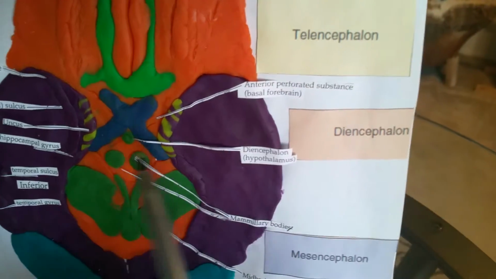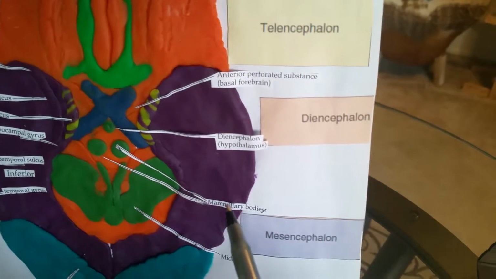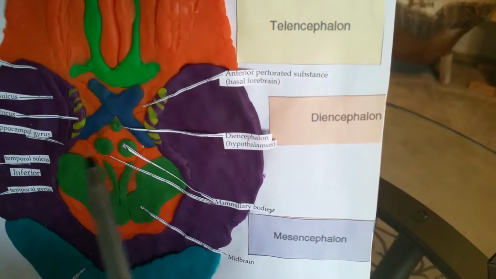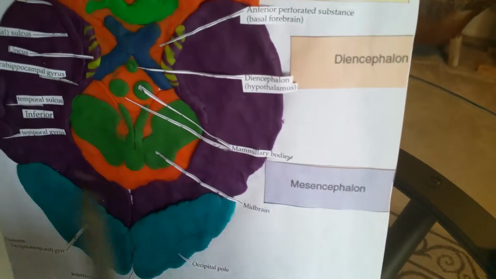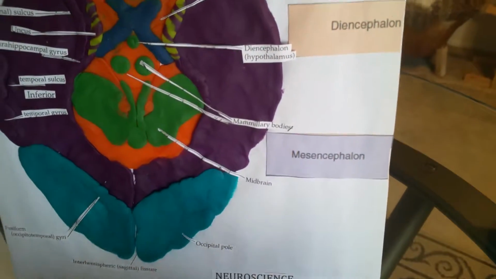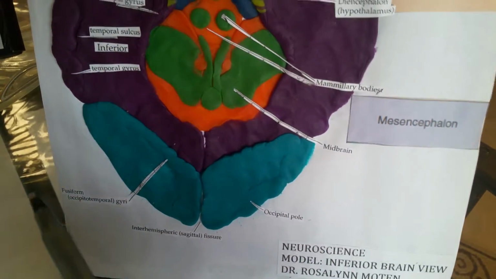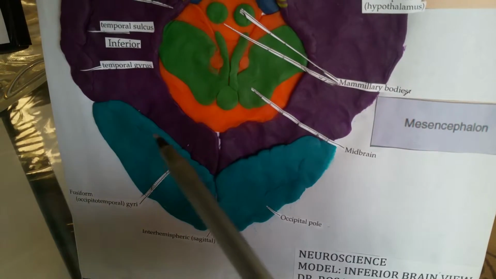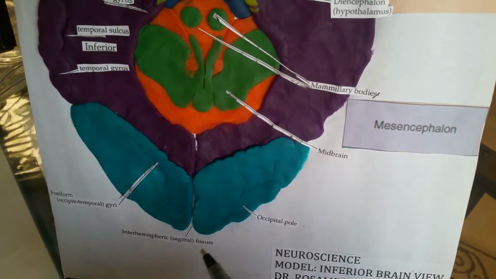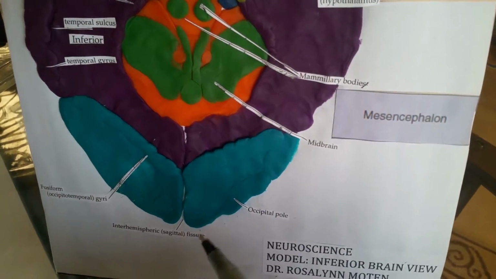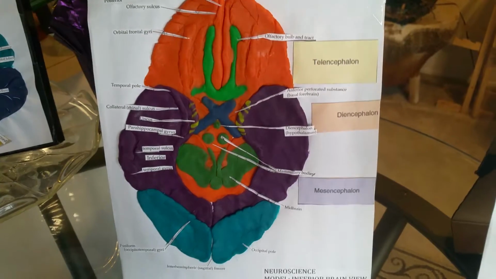Again, the diencephalon, the hippocampus, and mammillary bodies, the mesencephalon, which is within the midbrain. Again, the occipital poles, the occipitotemporal gyrus, and the interhemispheric sagittal fissure here. So that is the inferior view of the brain.